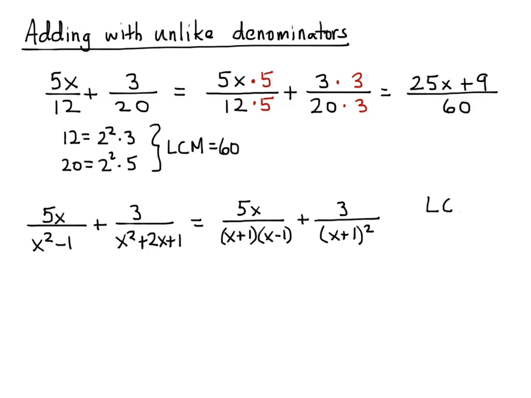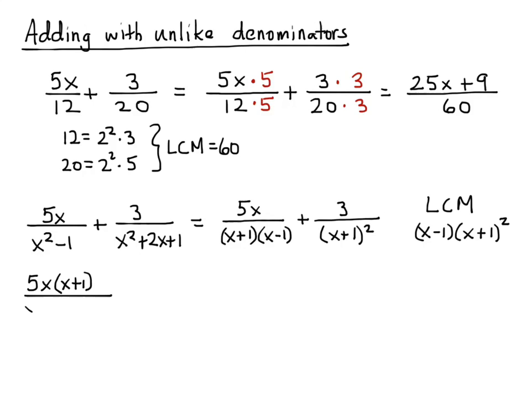And so my least common multiple is x minus 1 times x plus 1 squared, because I have one of the x plus 1's in common, but I have an extra one in here, which makes that a unique factor. So when I multiply them all together, I get this as my least common multiple.